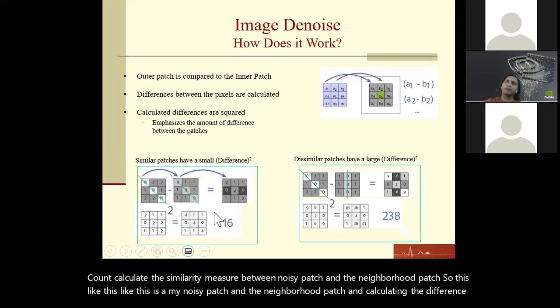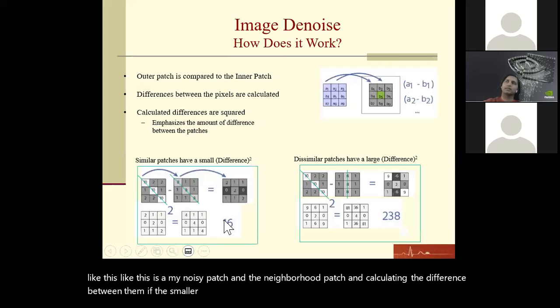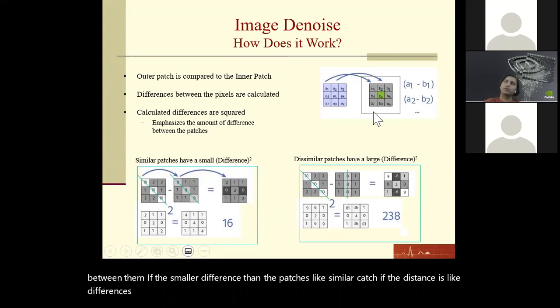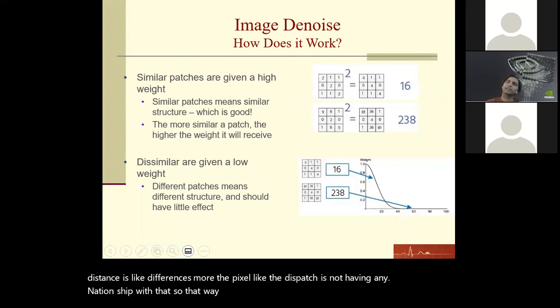If the difference is smaller, then it is a similar patch. If the difference is larger, this patch does not have any relationship with that. That way, this algorithm verifies how the weights are going to be formed, whether it is a similar or dissimilar patch. We will go into more detail on that.